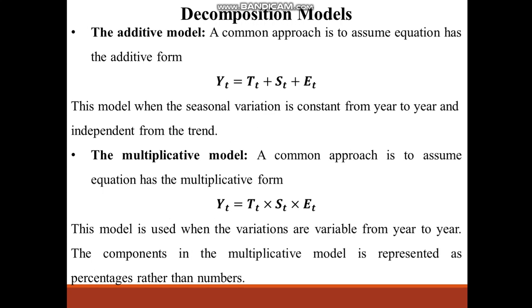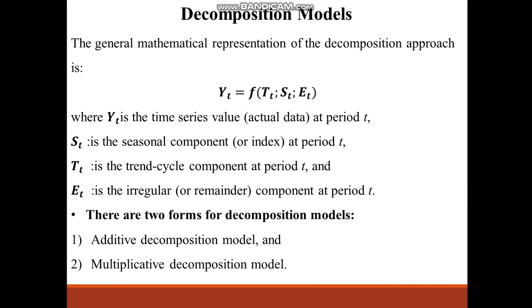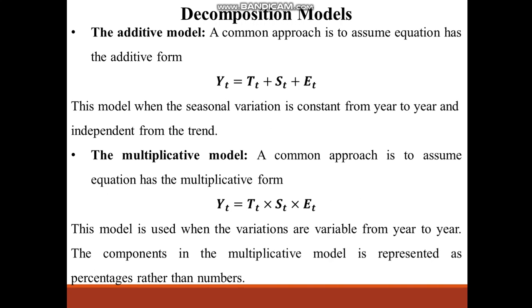We add these components to each other. Yt, which is the time series value at period t, is the sum of the T component, S component, and E component. This model is used when the seasonal variation is constant from year to year and independent from the trend.